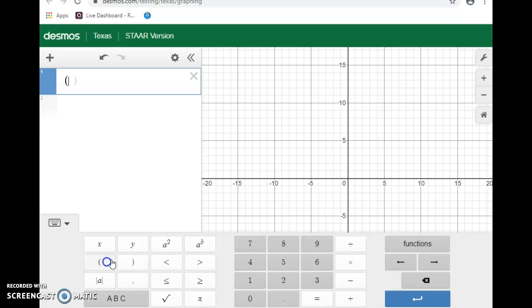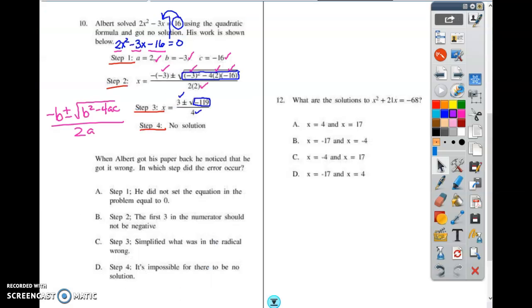So right here I have negative 3 parentheses squared minus 4 times 2 times negative 16. So we didn't get the same thing. This is supposed to be positive 137, and Albert put negative 119. So Albert messed up right here.